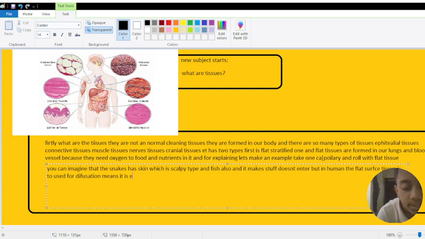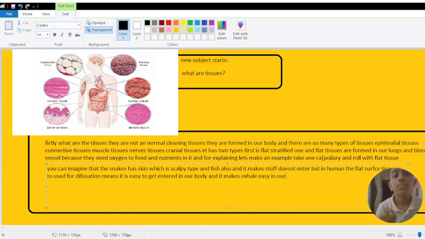It is easy for things to enter our body, and it makes exhaling easy too, because blood vessels need food, nutrients, and protein impurities, and lungs also need oxygen for inhaling and exhaling.